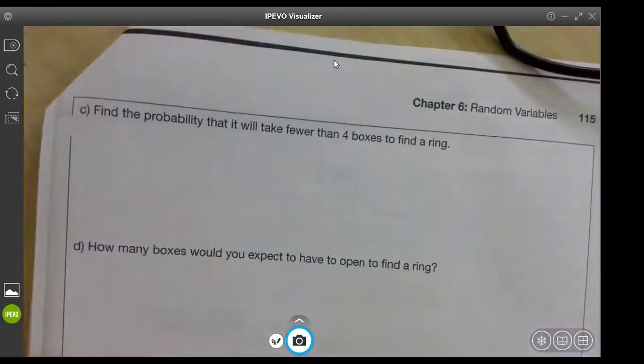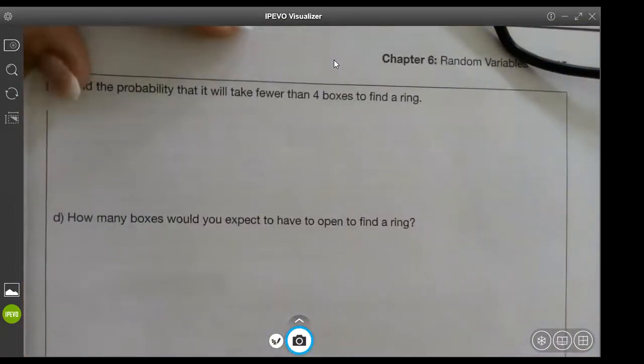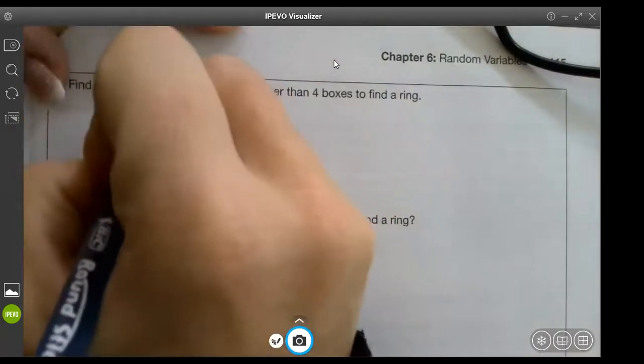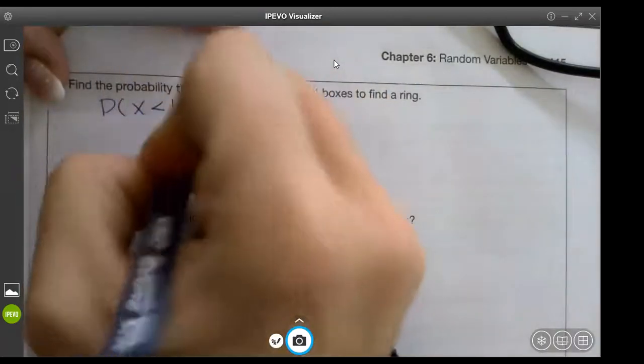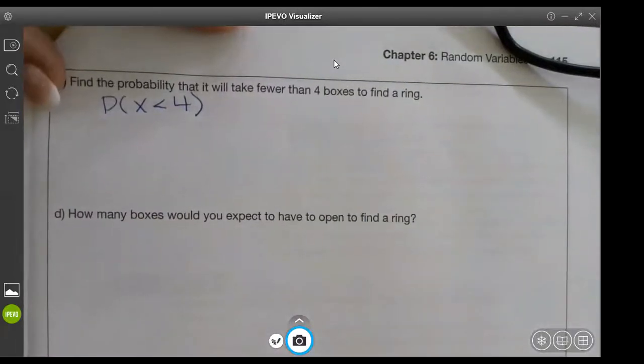Find the probability that it will take fewer than 4 boxes to find the ring. So how do I set this up? What's my probability statement look like? Is it just less than? Just less than, because it says fewer than 4. All right. So on this one, I would do my calculator only because I'm a little bit lazy and I don't want to think too much about it.